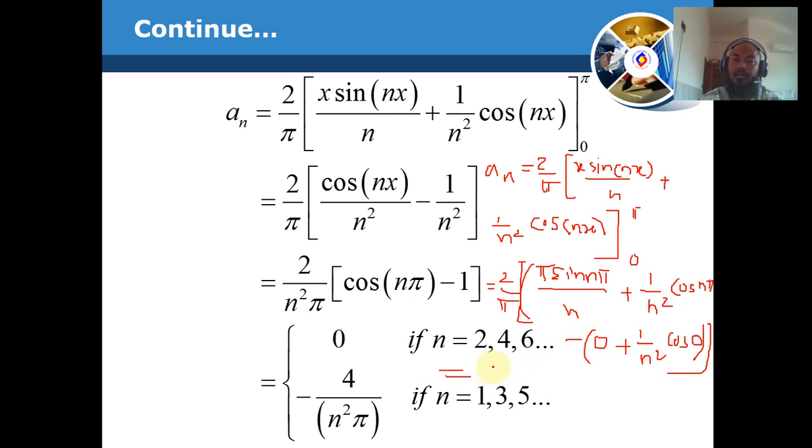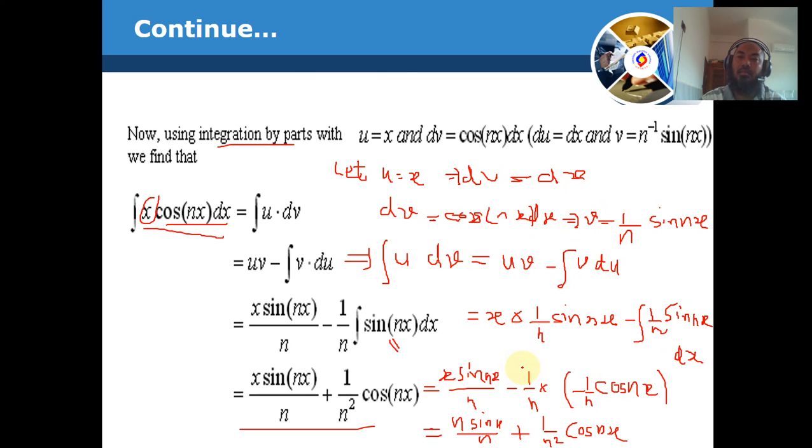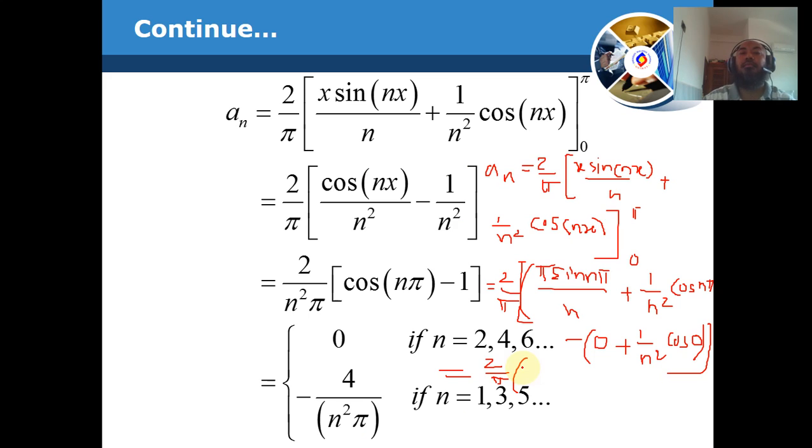So we will get 2 over pi. So this one will be, is it correct? 1 over n square, so we got cos n pi over n square.